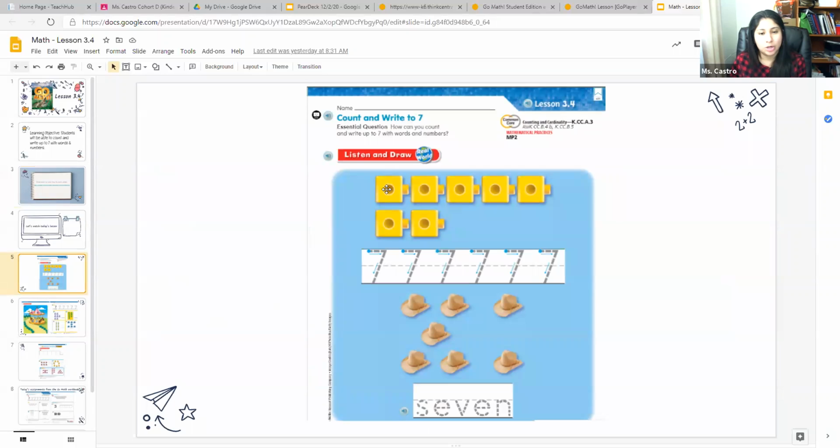So let's start at the top of the page. They give us yellow counting cubes. So our job is to label the counting cubes to see how many we have. So let's go ahead and do that now. Let's start with the first one. 1.